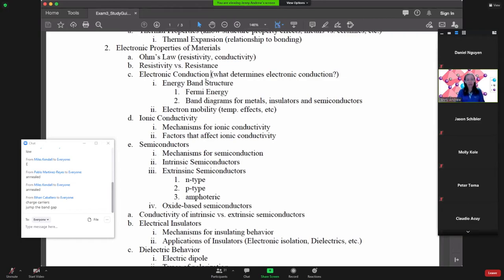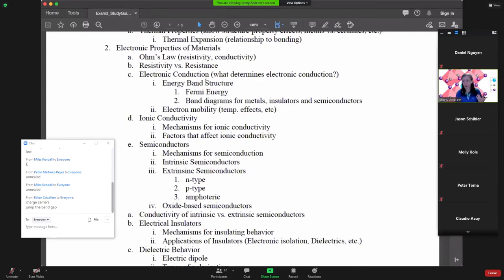And now if we look at different materials, we can draw band structures, and those are going to determine whether or not we're going to have electrons that are available to conduct. And then other properties of the material may impact their mobility, right? So know how the band structures differ for metals, insulators, and semiconductors.